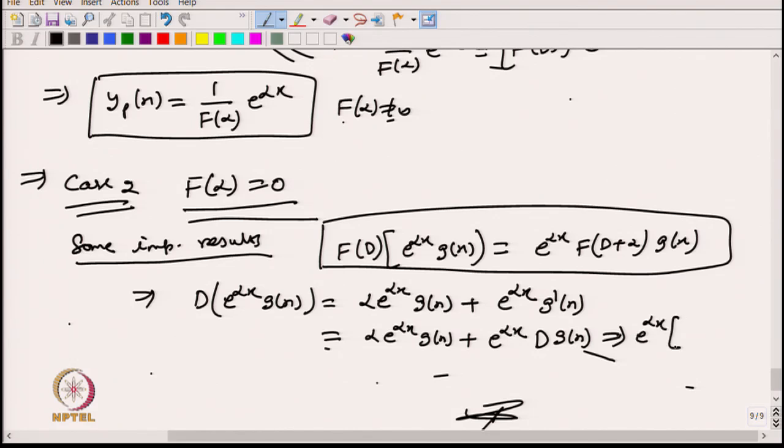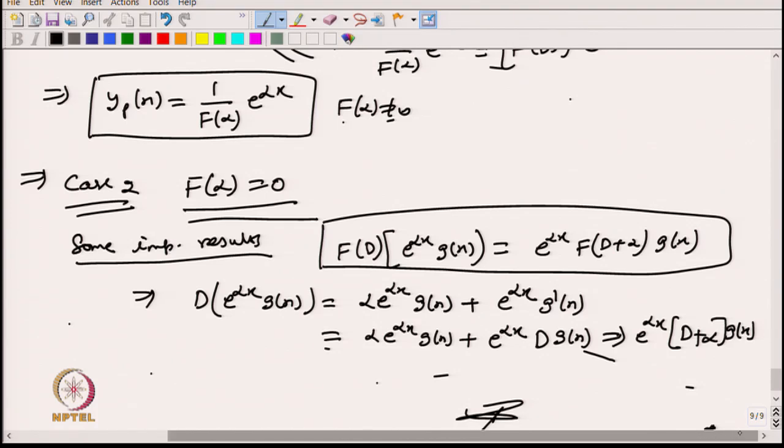I can take e raised to power alpha x common on the left side, so inside I will get D plus alpha acting on g of x.